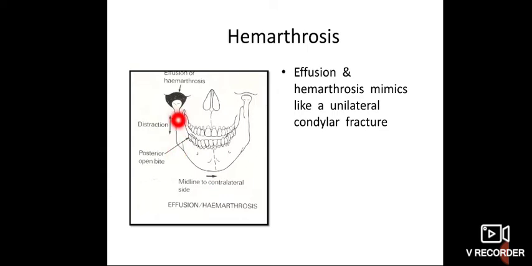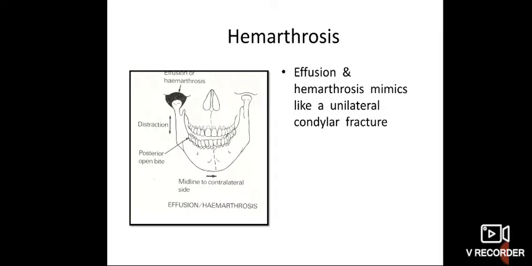There it was contraction due to loss of the vertical height of the ramus. Here the blood within the joint will push the condyle out, so there will be distraction. There will be posterior open bite on the injured side, so midline is shifted to the opposite side. Then you will see a premature contact on the opposite side.